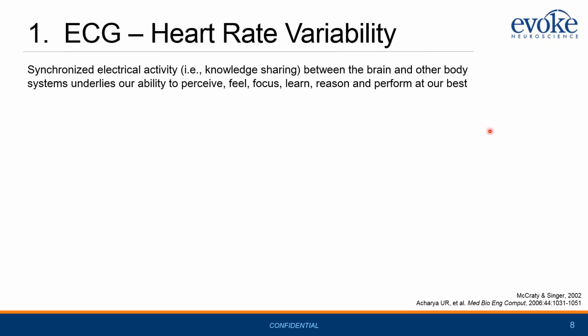Now, if what I just said is confusing, we're going to decode it and walk through it together. All right, so starting out first with heart rate variability, this is derived from ECG or EKG, and the reason why we're looking at the heart for a brain assessment is because there's synchronized electrical activity between the brain and other body systems that underlies our ability to perceive, feel, focus, all of those things, and ultimately perform at our best.